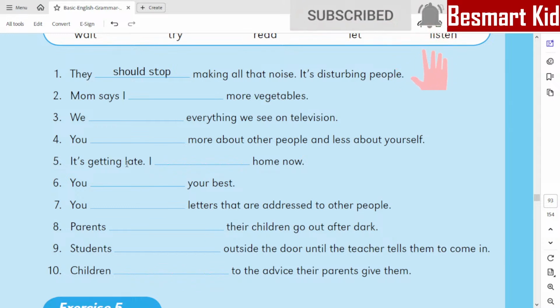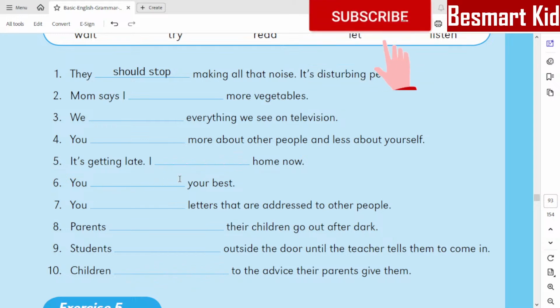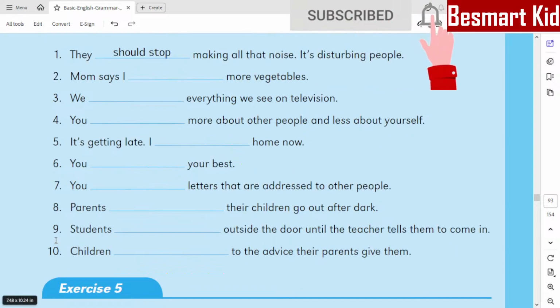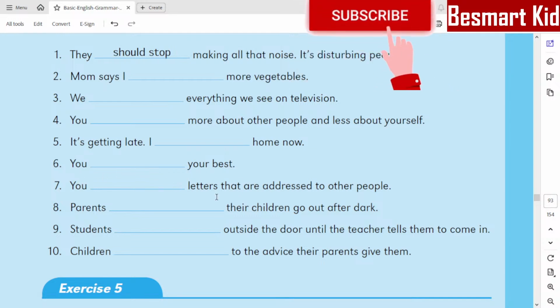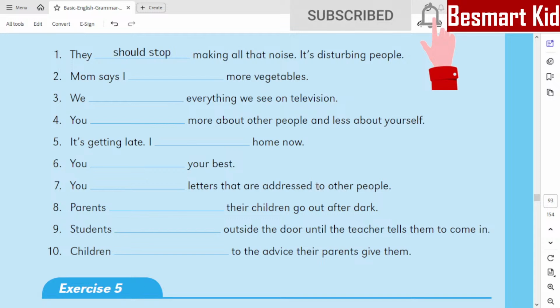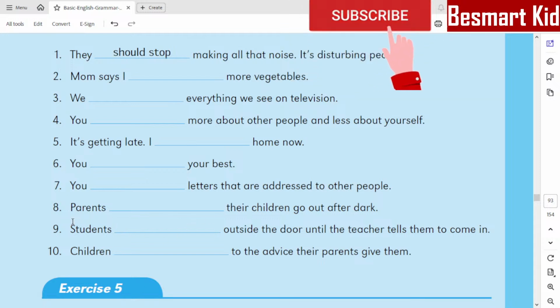It's getting late. I dash home now. 6. You dash your best. 7. You dash letters that are addressed to other people. 8.